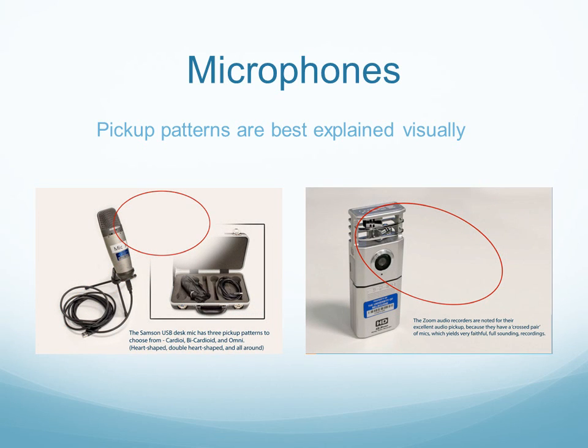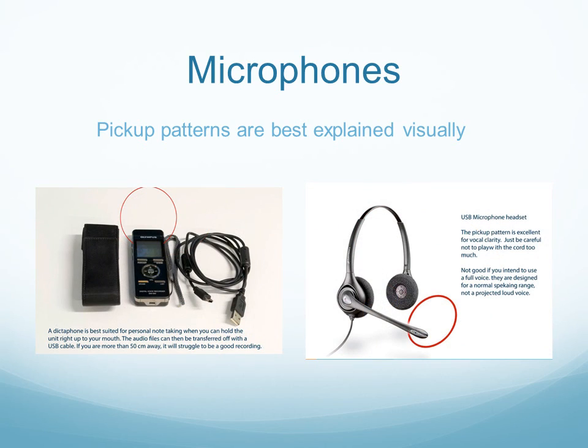The USB desk mic there is great for a situation where you've got a controlled environment, say in your office, and it gives a good natural pickup, and you can record two people at once as well. The little Zoom audio recorder is a similar kind of example, where it's got a stereo crossed pair. It gives a very authentic recording.